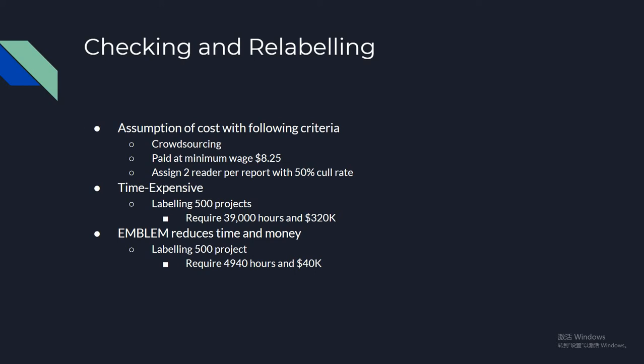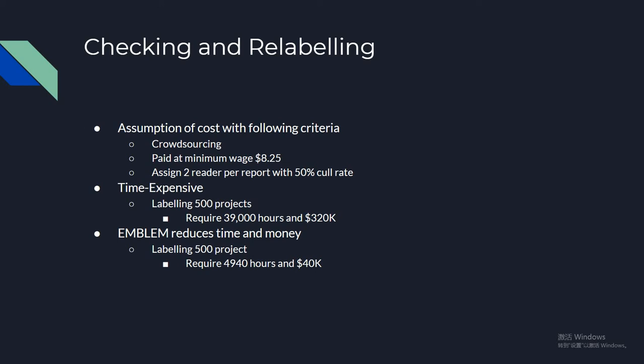Under these assumptions, labeling 500 projects of GitHub issues will require 39,000 hours and $320,000. This is a significant amount of money and time for labeling.